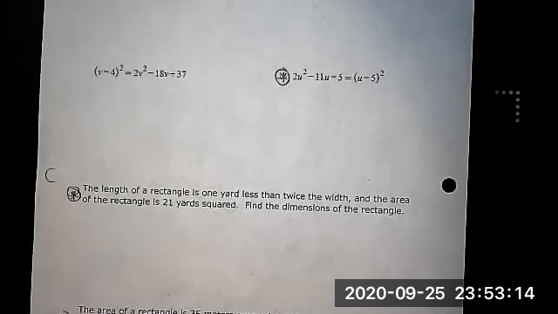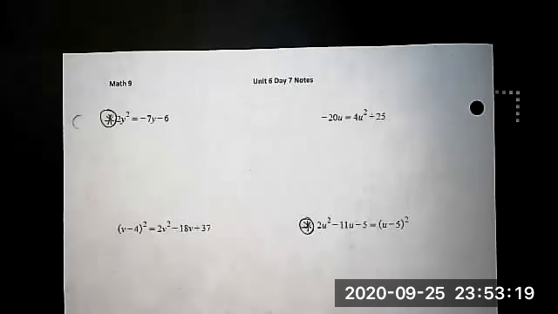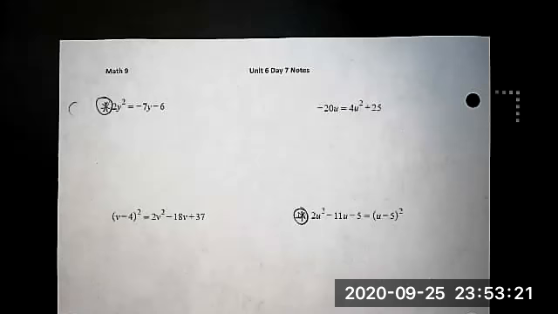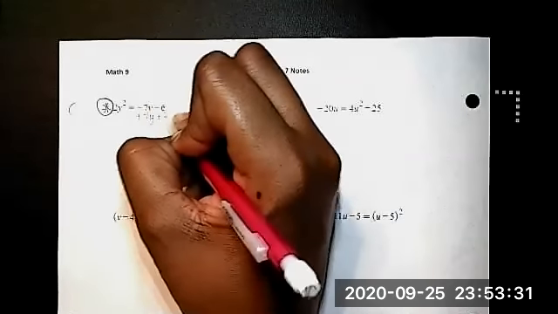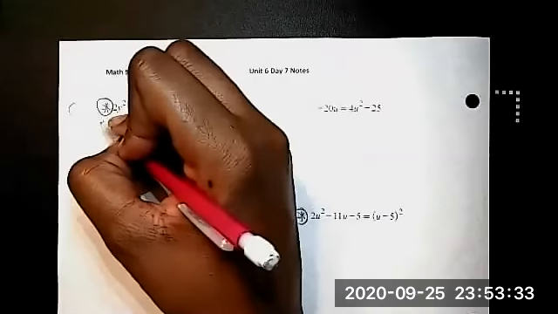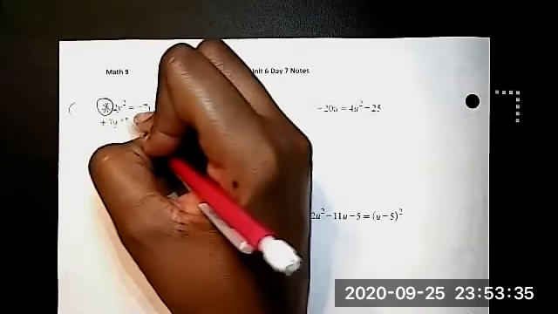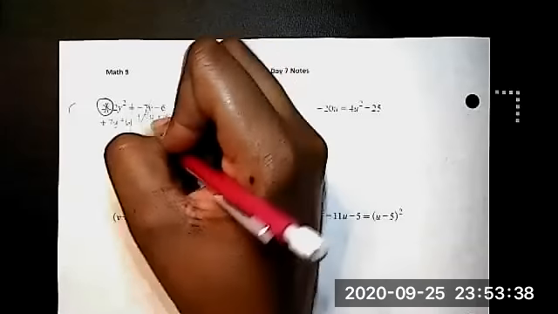All right, so let's move on to this page. So same thing here, kind of. You do have to get it so that it's equal to 0, then you can try to factor it. Let's add 7y, add 6. We're just trying to get every single thing on the same side, okay?